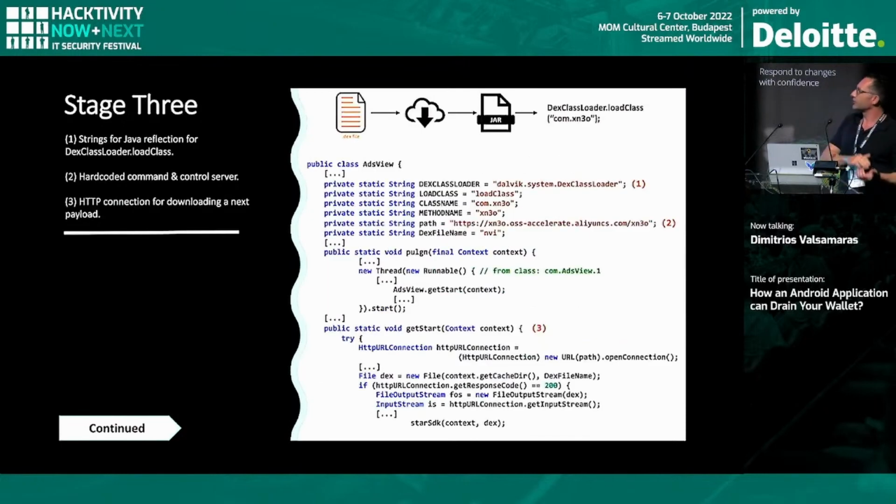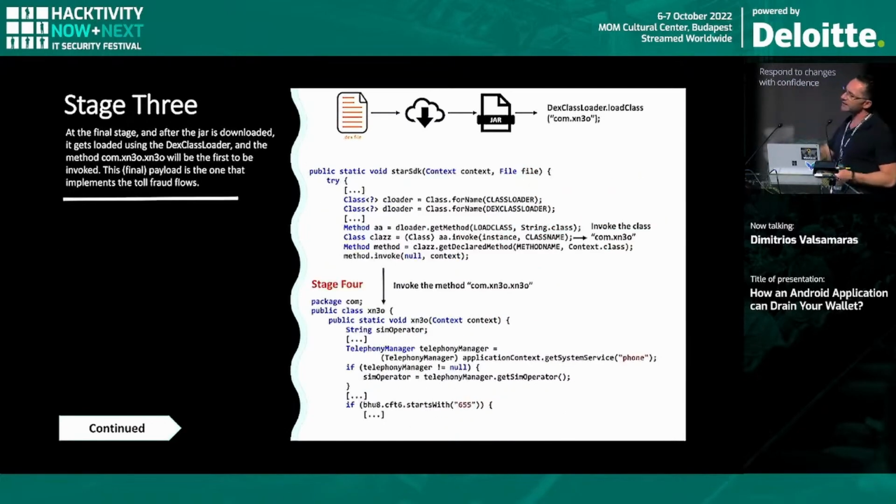So now we move again to the Java side. We have the third stage, which is the DEX file I talked to you about before. So now this DEX file will communicate with a command and control server. This command and control server is hard-coded, as you see in the file itself. So it will communicate there. It will download another file, which is a JAR file.